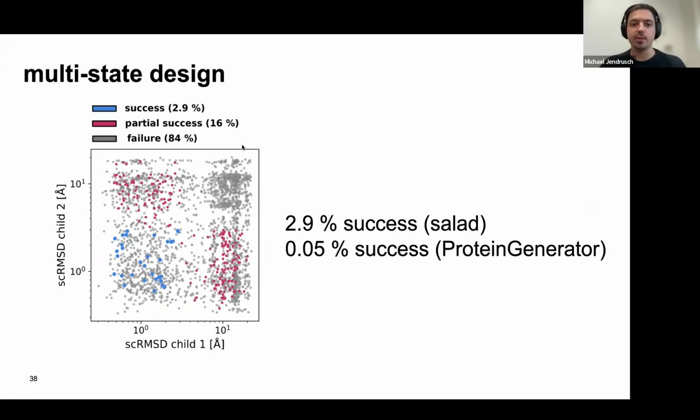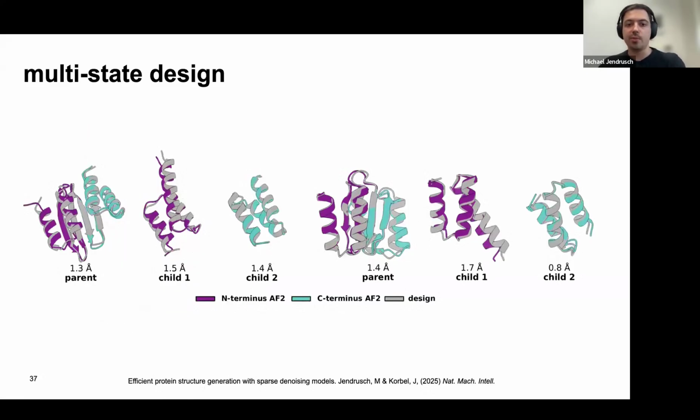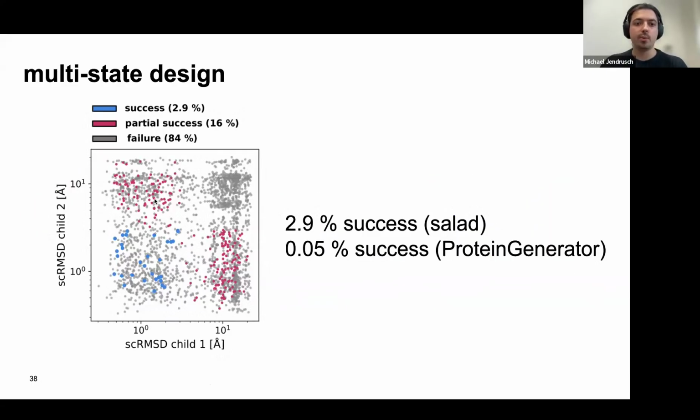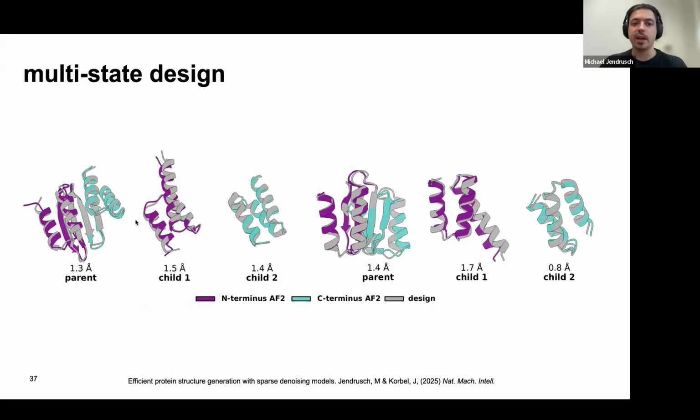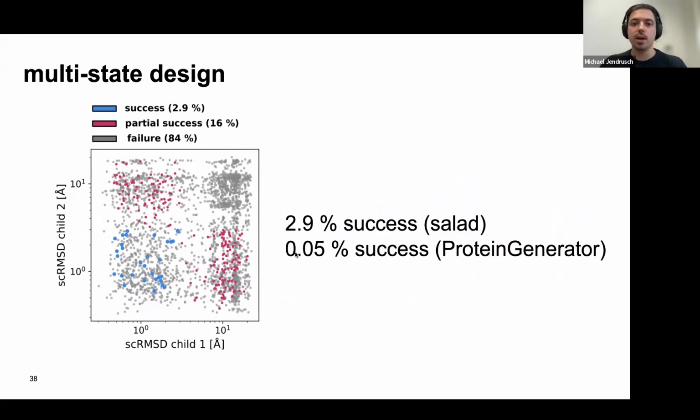So only 2.9% of the backbones we generated this way, out of 1,000 total generated backbones, were able to recover this multi-state behavior, where for a whole 16%, we had partial success in the sense that the parent and one of the children were predicted to fold the correct way, and the other child was predicted to fold in the wrong way. So it's really not a good success rate yet.